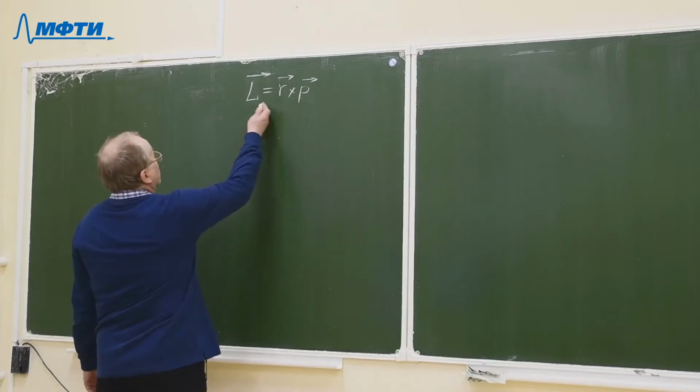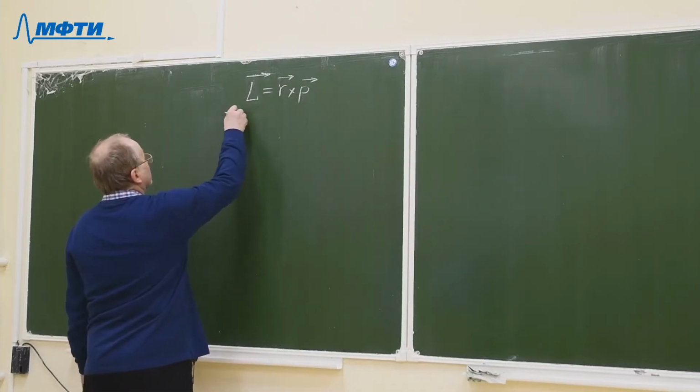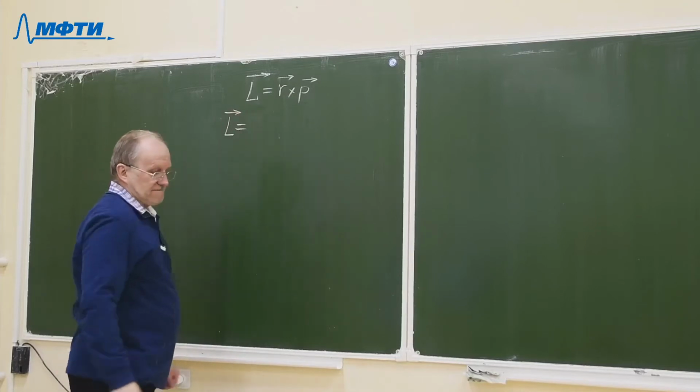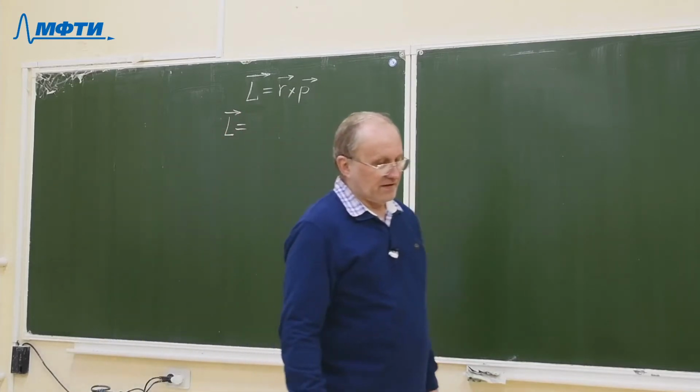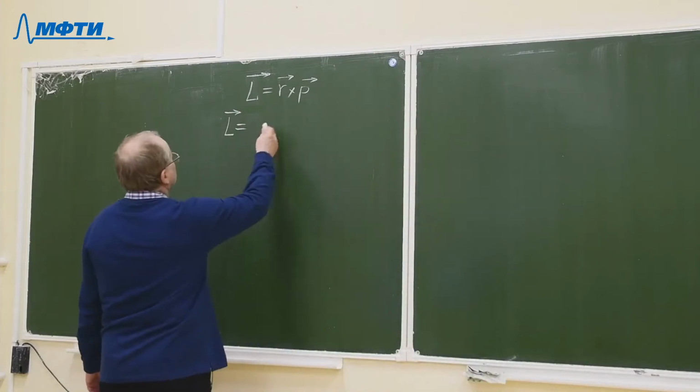So, if this is a usual vector, then it can be presented in the form of its coordinates.